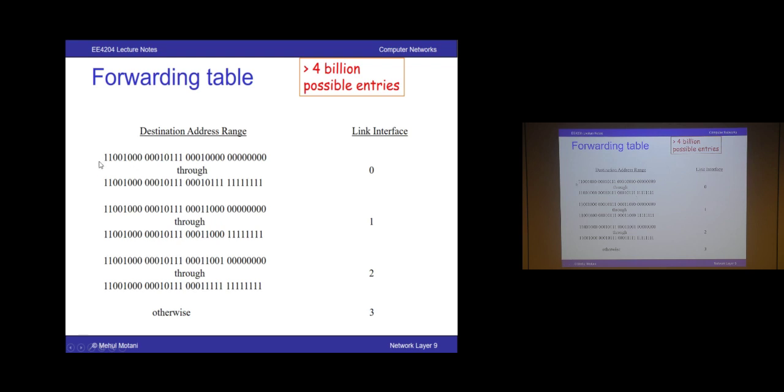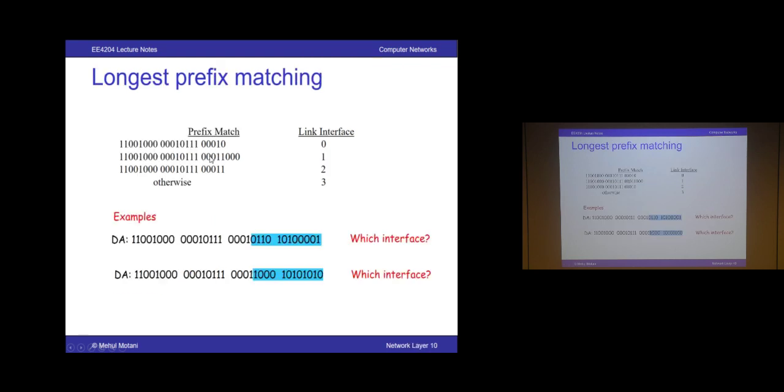For example, these first 8 bits are the same in this entire range. In fact, these first 21 bits are the same. They only differ in the 22nd bit and on. So instead of storing the range, an equivalent way to store the range is to store the prefix.